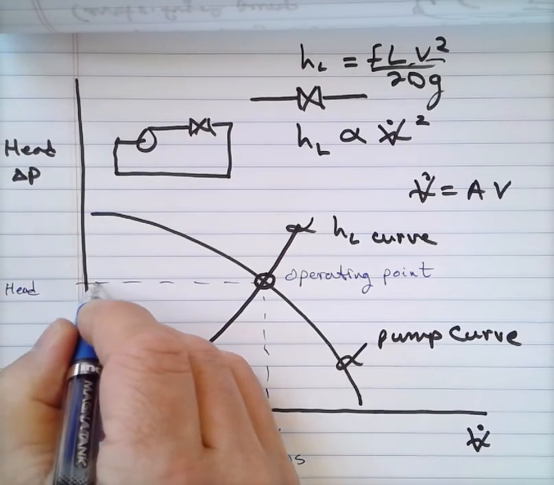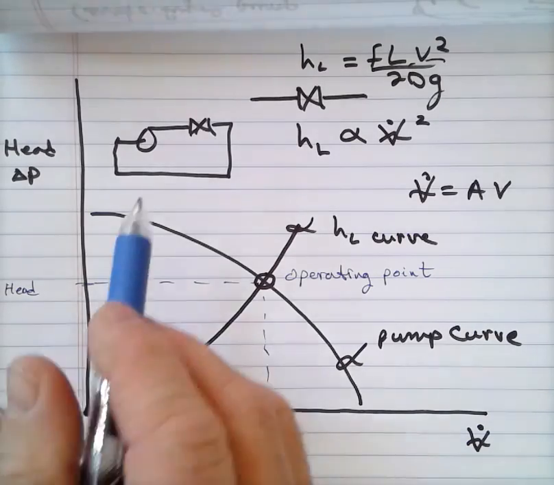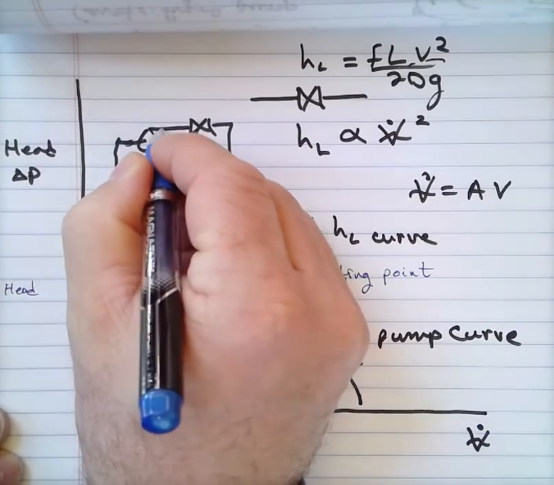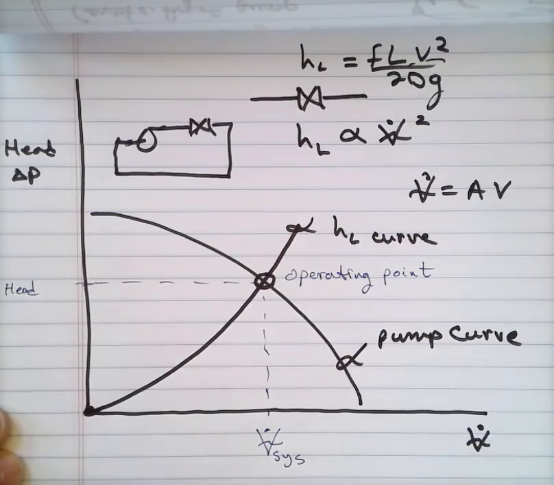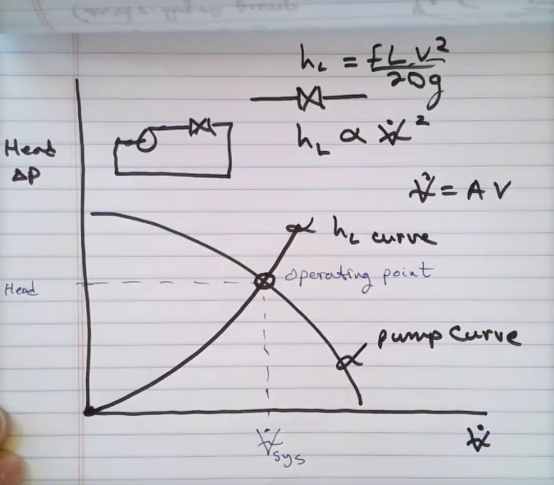And by head, what we're saying is how much pump head is required across the pump and how much head is being lost in the system. This is a representation of pump curves and system curves.